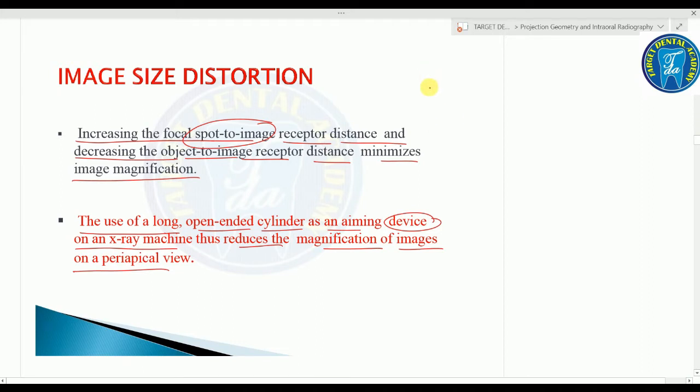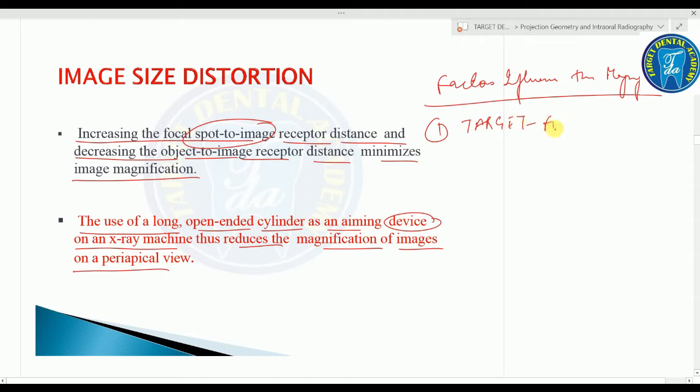So I am writing here the factors that influence the magnification. Important point for your MCQs. Number one is the target and film distance. Next is the object to film distance.